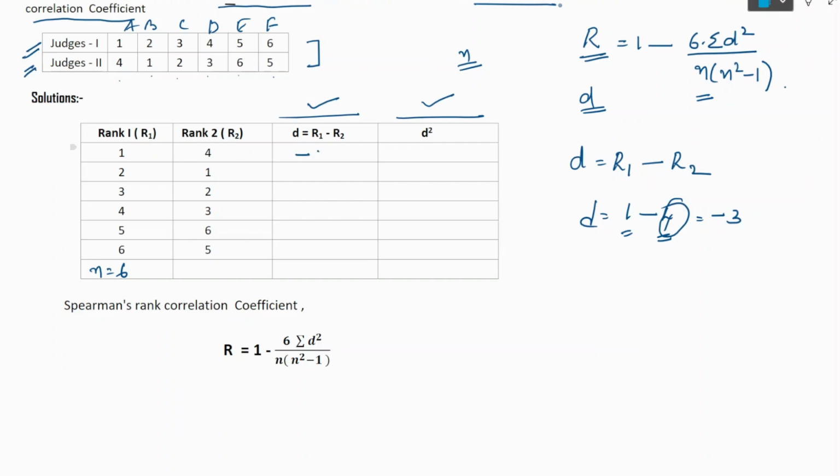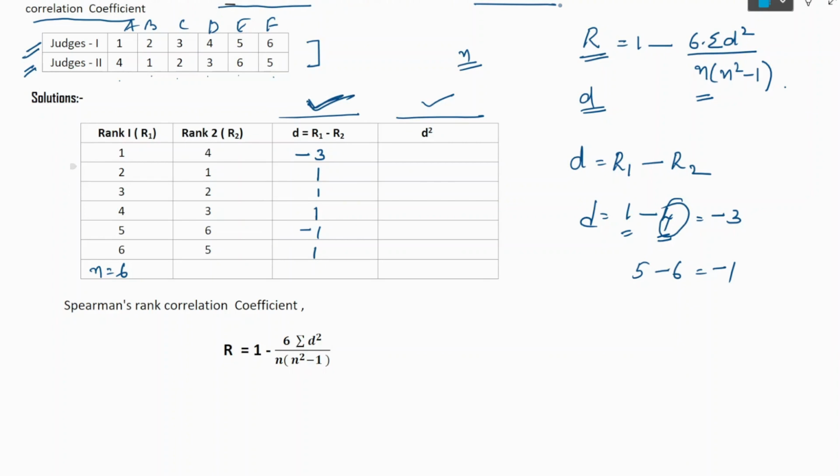So here the value is minus 3. Then 2 minus 1, 1. 3 minus 2, 1. 4 minus 3, that is 1. 5 minus 6, that is minus 1. 5 minus 6, the answer is minus 1. 6 minus 5, that is 1. Therefore, we have calculated the third column, that is d.